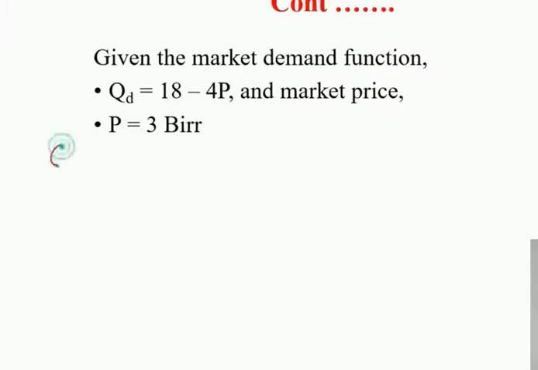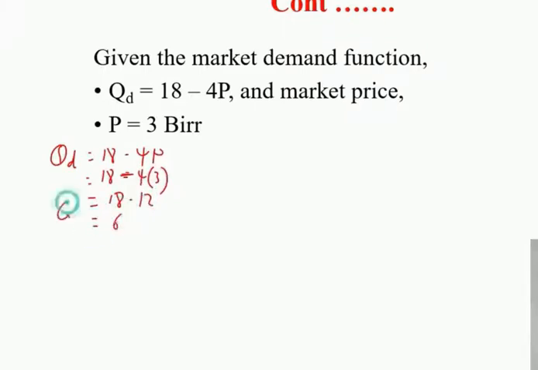That is QD equals 80 minus 4P, and when we substitute the given price 3, this is 80 minus 4 times 3, which is 12, then 80 minus 12 is 68. So we get the initial quantity and take the given price as the initial price.